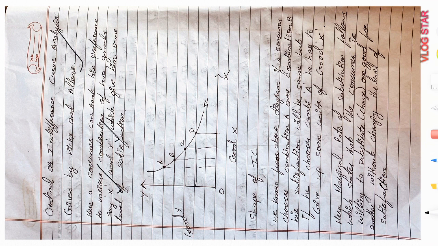So let's see this at point A. What can we see? At point A, combination B, combination C and combination D we have taken. Let's say at combination A, he was consuming 5 units of Y and 1 unit of X. In order to purchase another unit of X, that is 2, what does he need to do?